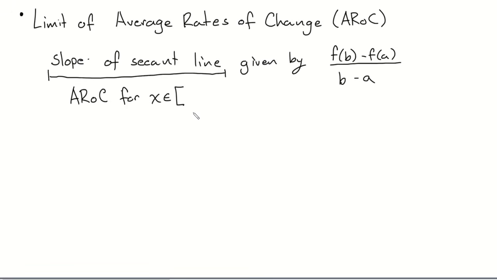What are the two x values that we have in that expression up above on the slope that we have? B and A. So do you agree that we must be going from A to B? And it could be B to A, but it'd be weird to have it backward like that. Okay. This is the average rate of change. This is how we calculate it. Just pick two spots and find the slope of it.